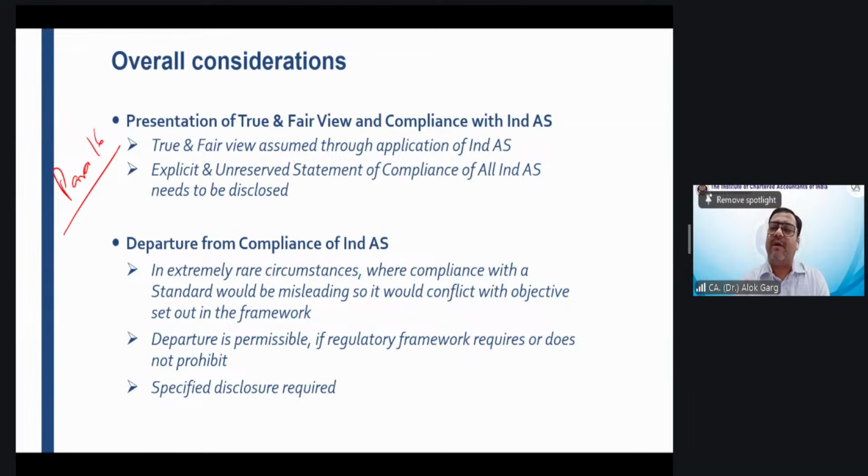So in our audit report under accounting standards, it is the auditor who talks about the true and fair view and says the financial statements are compliant with all the accounting standards. We are talking about the AS audit report.